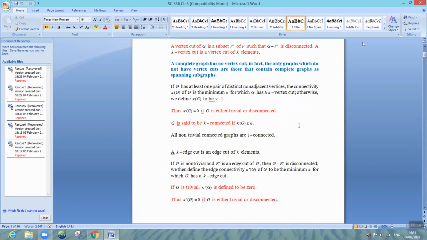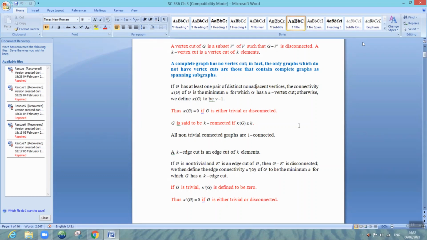So look at those four examples and try to use them to understand the cut vertices, cut vertex set, and cut edge set. That means if the graph is a complete graph, then it has no cut vertices.